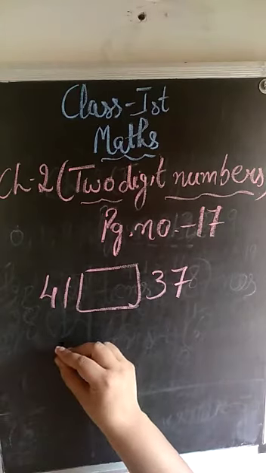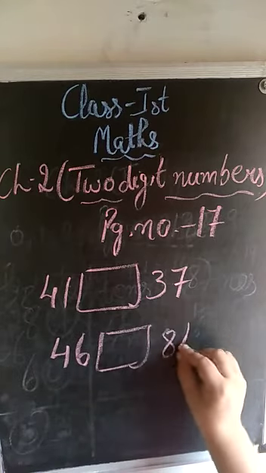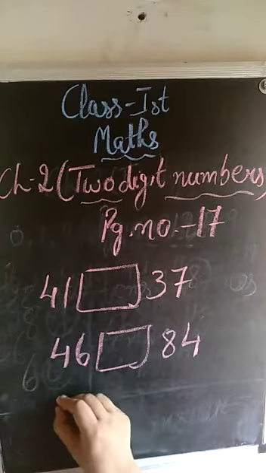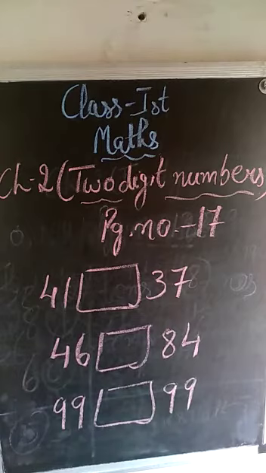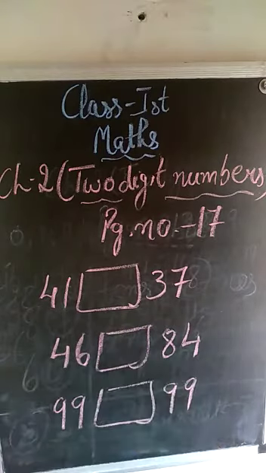You have already done that before, so I am taking only 3 sums to explain, because I know that you have already done that in UKG class. You know that as we ascend in the number system, the number becomes greater. Here we are to put the sign of greater than, smaller than or equal.